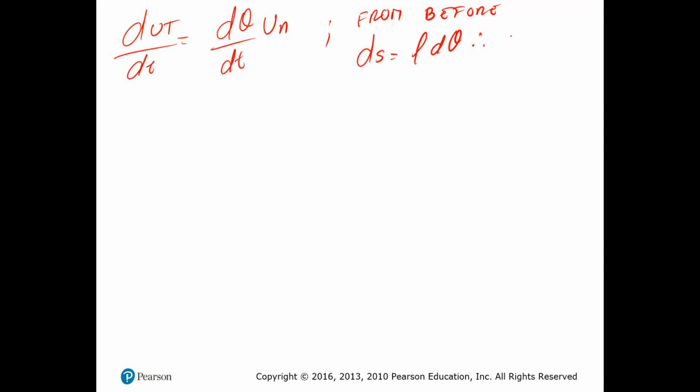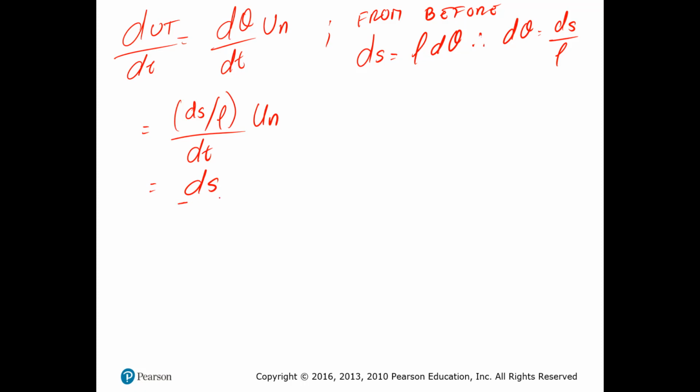So therefore, we have that d theta is equal to ds over rho. And now I'm going to plug this into my equation that I had. So I will get ds over rho, this whole thing over dt, and then this multiplied to the unit vector. And if I rewrite this a little more, I get ds over dt times 1 over rho times the unit vector.